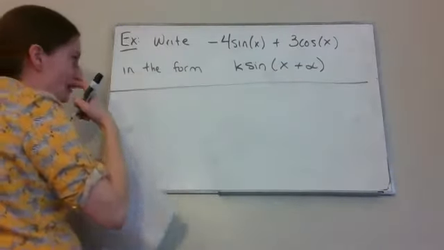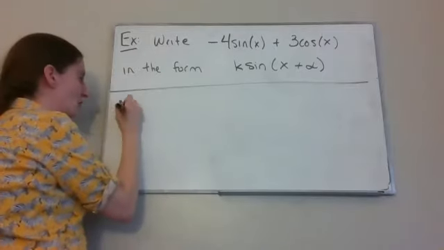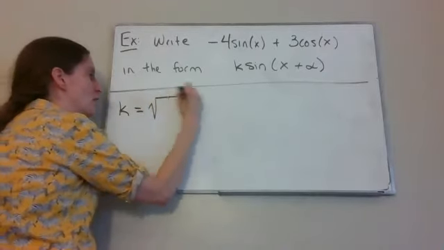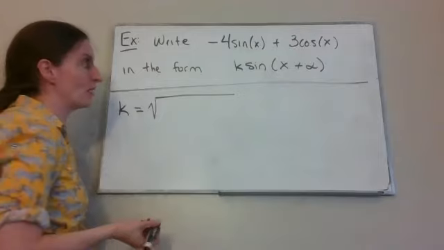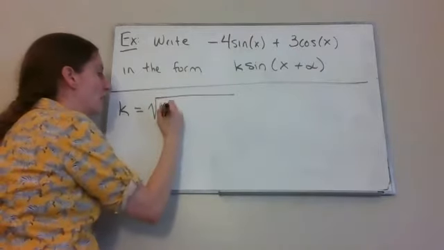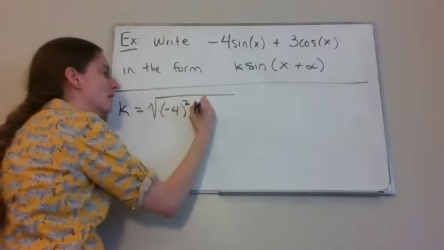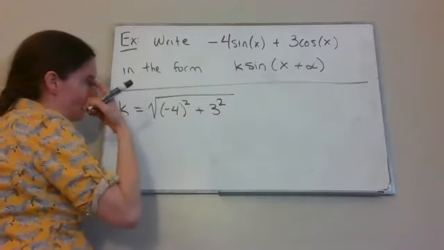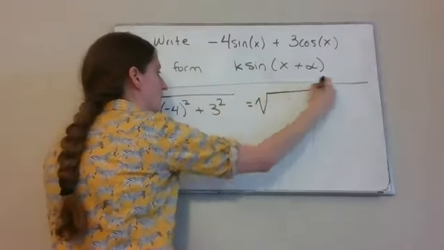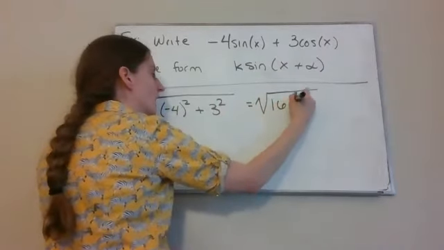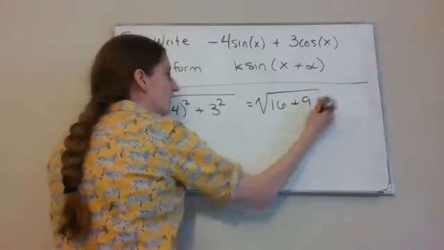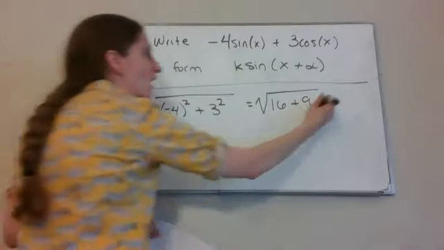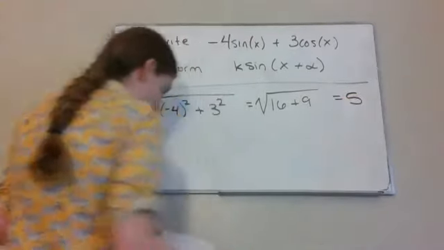So the first thing I would do is find k. I know k is supposed to be the square root of a squared plus b squared. My a is -4, and my b is 3. So k is equal to the square root of 16 plus 9. That's the square root of 25, which is 5.